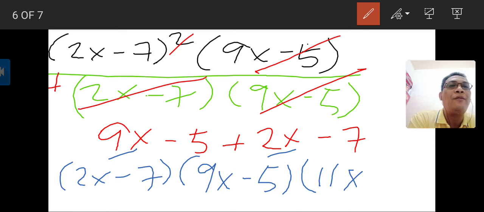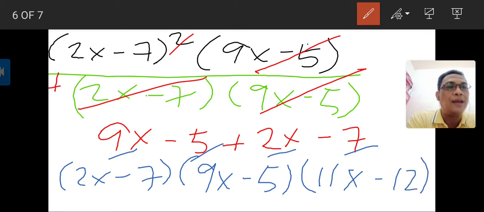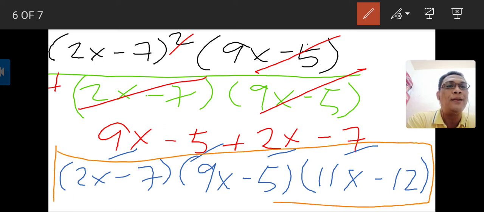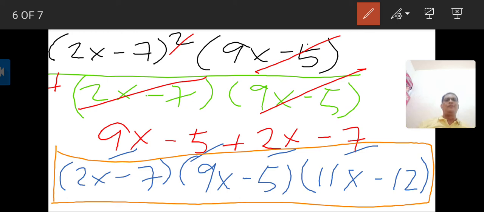And we have negative 7 plus negative 5. That will be negative 12. So that will be the factor form of the polynomial. Okay, so that is for number 2.